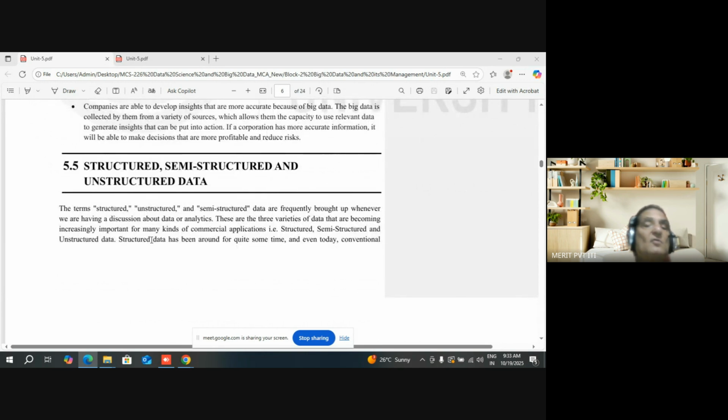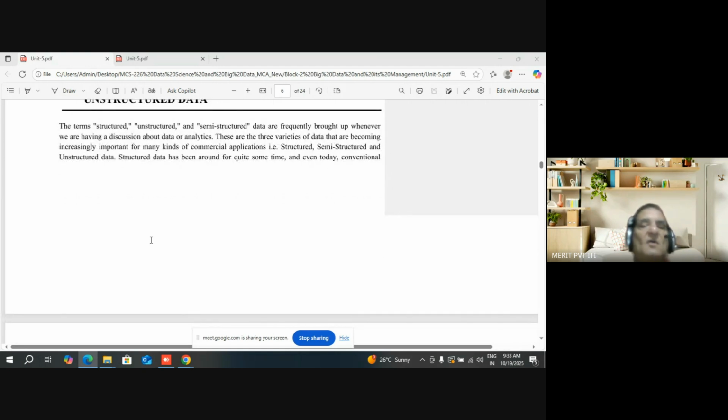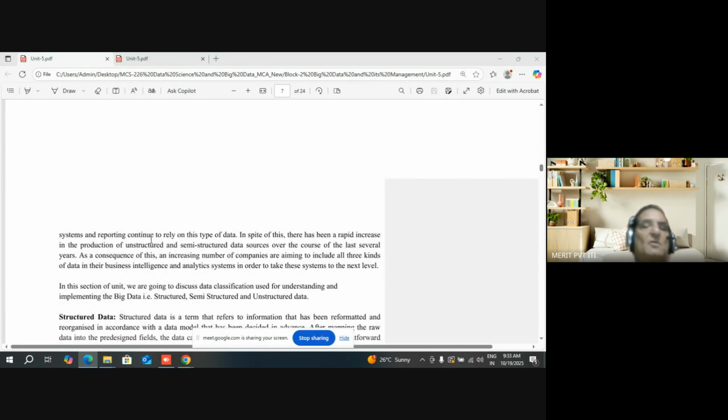How do you analyze the data, that we'll study. So structured, semi-structured, and unstructured data. What are the terms structured data, unstructured data, semi-structured data, all these things. Structured data has been around for quite some time, and even today, enterprise systems and reports continue to rely on this type of data.